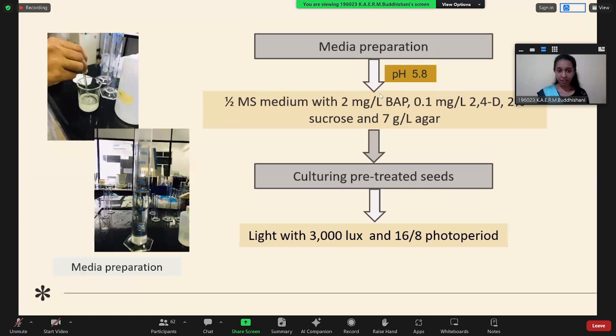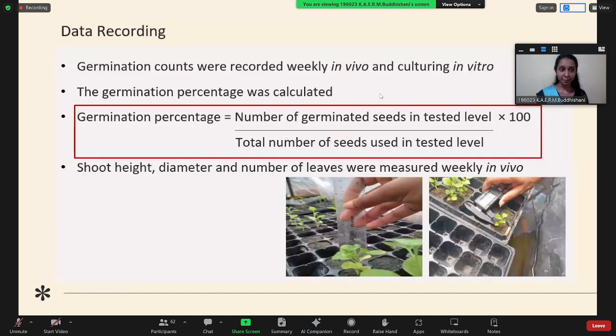For media preparation, half-strength MS media supplemented with BAP, 2,4-D, sucrose, and agar was used. Pre-treated seeds were cultured in jam bottles and maintained under specific conditions. In data recording, germination counts were recorded weekly up to 35 days in both conditions, and after that the germination percentage was calculated. Shoot height, diameter, and number of leaves were measured weekly up to 35 days in vivo.